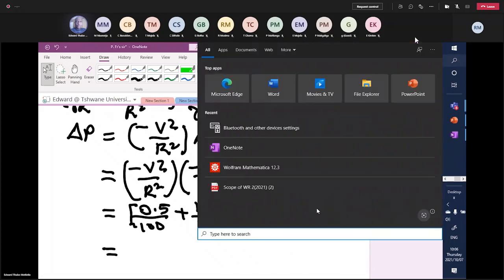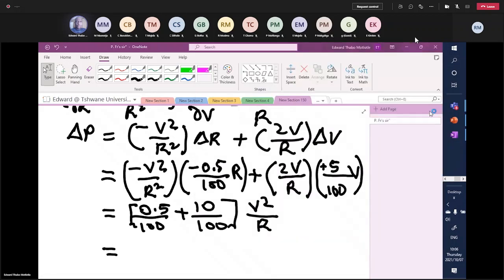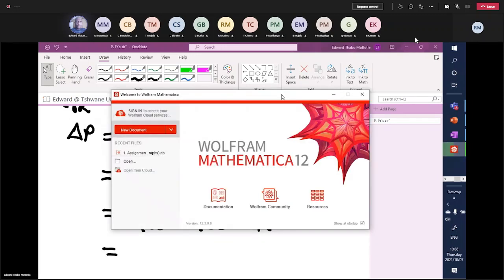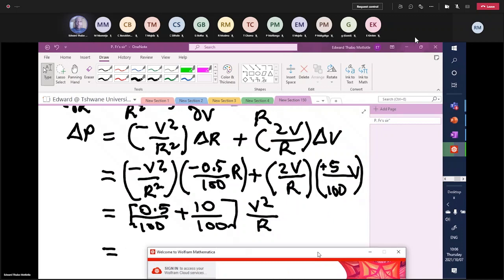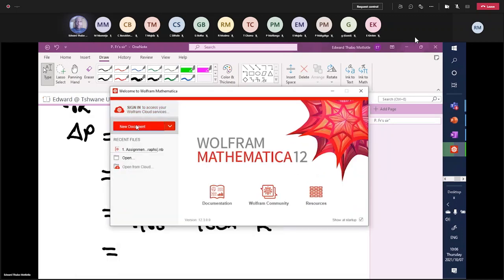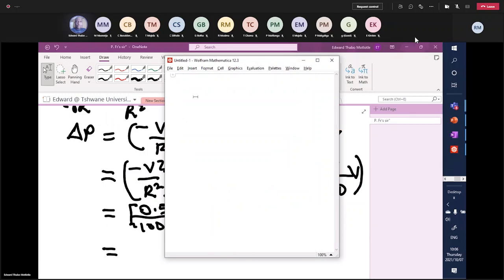Let's use Mathematica to avoid the calculator. This will be our calculator here. I want to add the 0.5 over 100 plus 10 over 100.